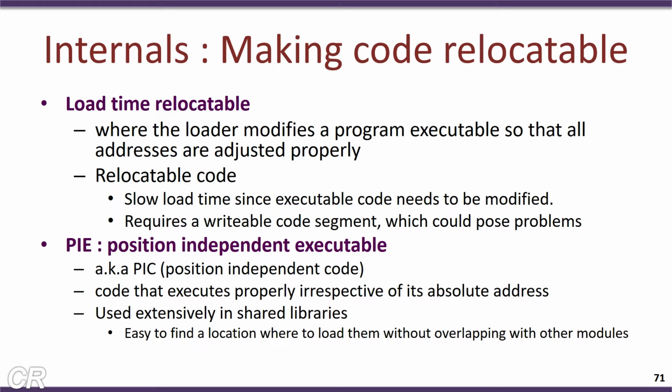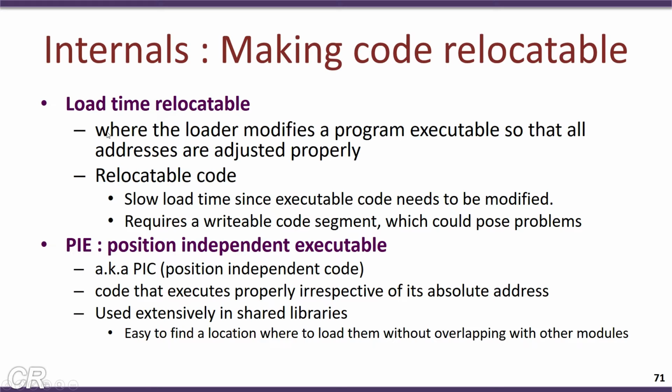In order to understand this, we will need to know how libraries are made relocatable. Essentially, there are two ways to achieve this. One is known as load time relocatable, and the other one is known as PIE or PIC, which stands for position independent executable and position independent code respectively.